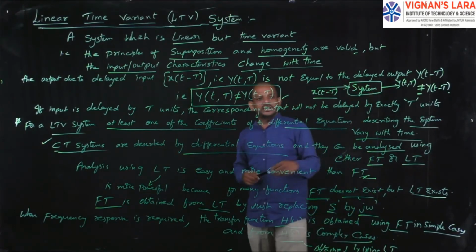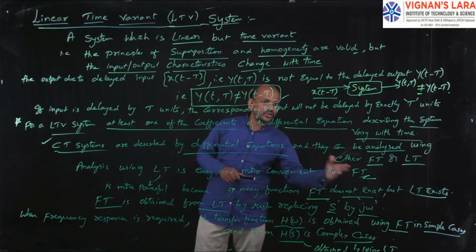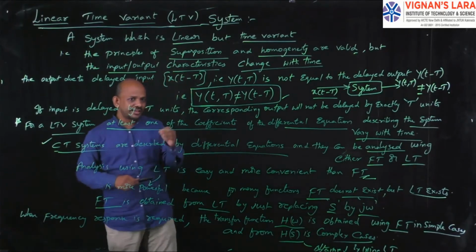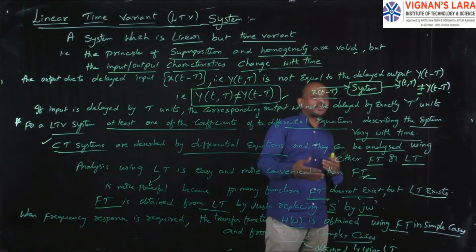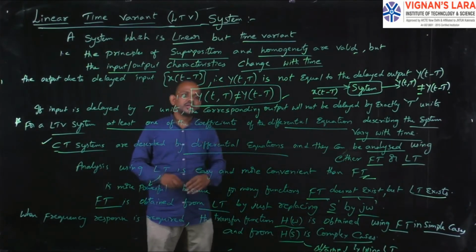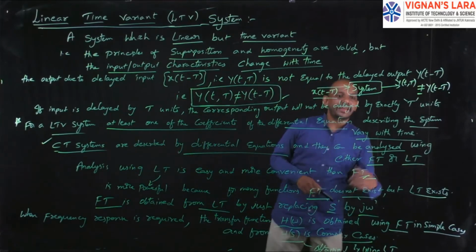That is, in simple cases I will go for H of omega from Fourier transform. In complex cases I will go for H of s from Laplace transform, and the Laplace transform is easy, more convenient and powerful when compared to the Fourier transform. Simply why? Because for many functions the Fourier transform does not exist, but Laplace transform exists.